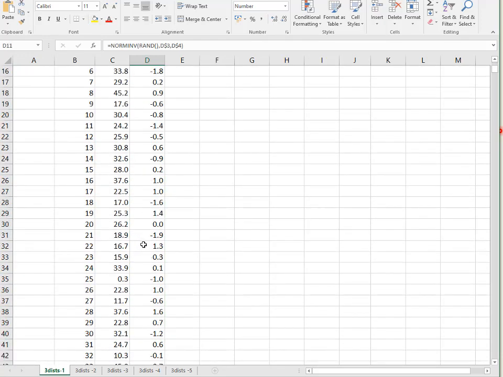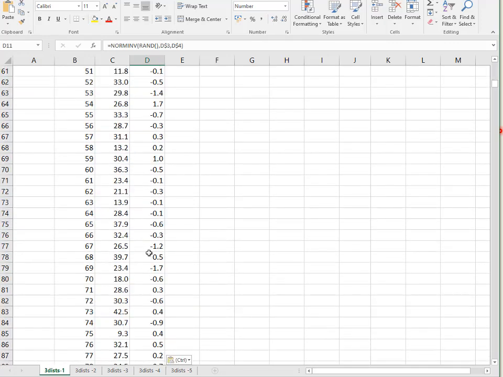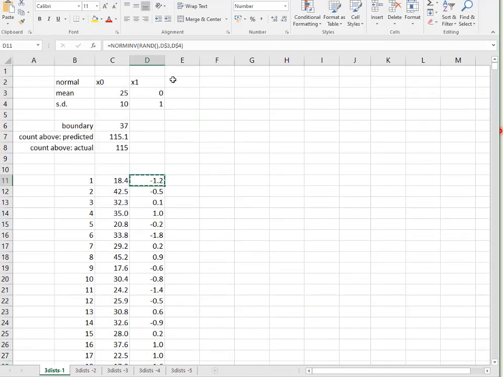Yeah, so you can see these numbers are very different. The mean is 0, the standard deviation is 1. So they're varying in the range of 0 to 1, 0 to 2, 0 to negative 2.